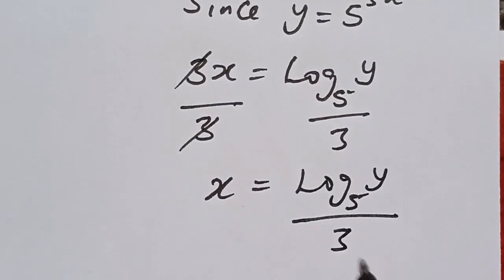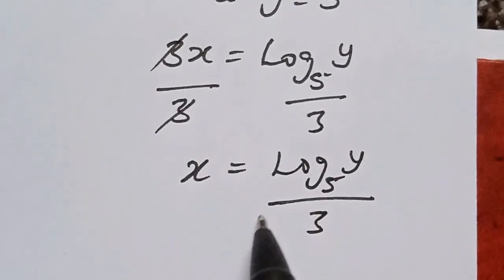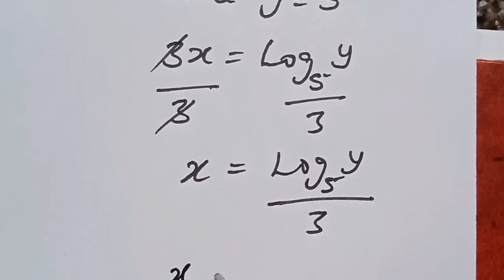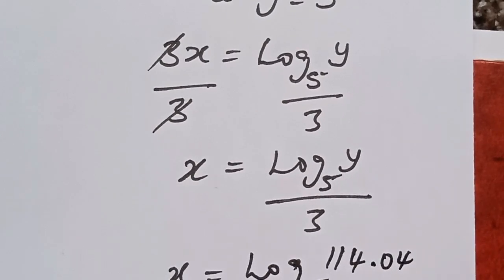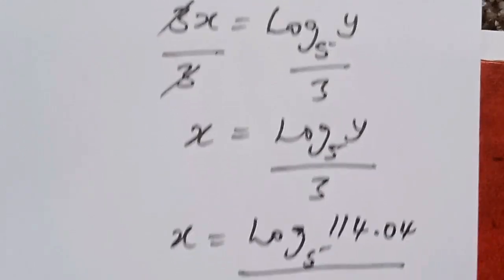So from here, we can put the value of y to get x. So x will be given as the value of x when our y equals 114.04. So we have log base 5 of 114.04 over 3.